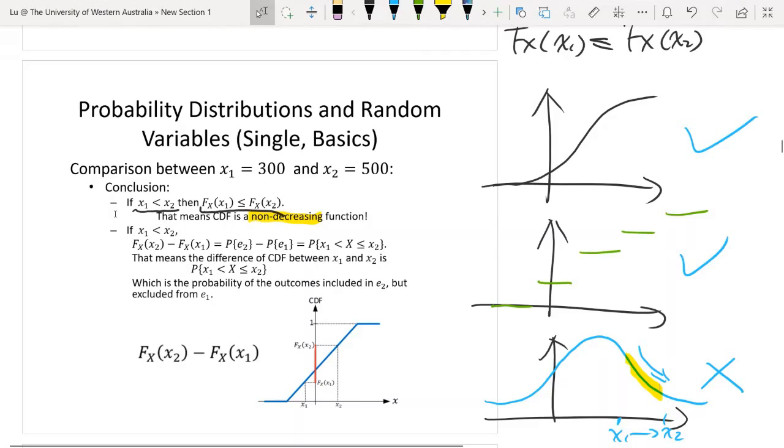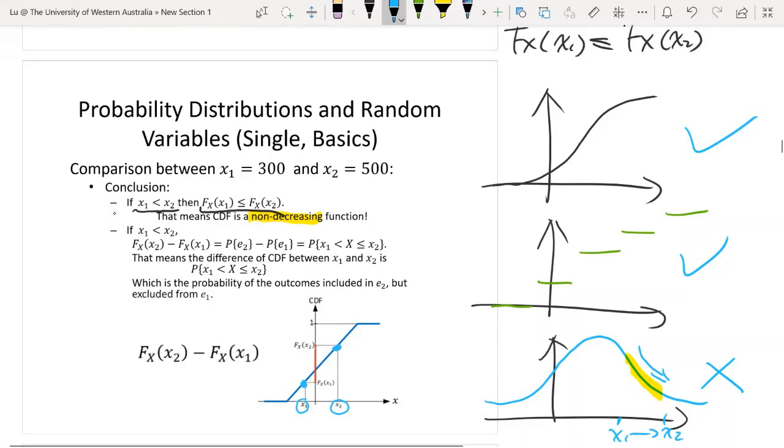We have already known that for two given parameters x1 and x2, you get two corresponding CDF function values. So in the graph given at the bottom of this slide, you can see we have the x1 given here, x2 given here. Based on these two parameters, we are able to find out the corresponding Fx(x1) and Fx(x2).